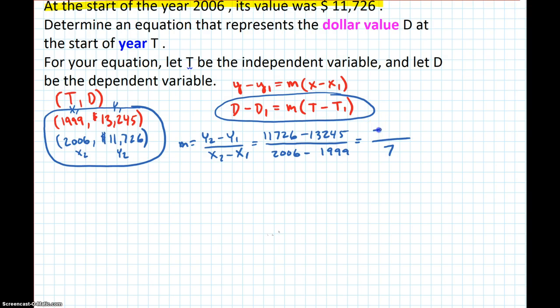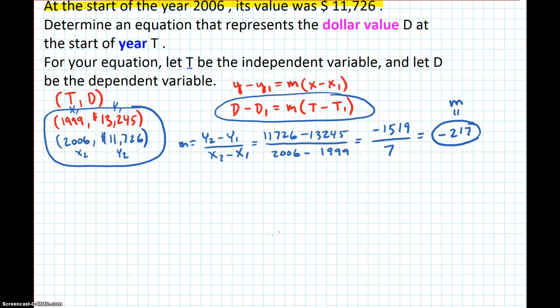When I subtract, I get negative 1,519. When I divide 1,519 by 7, I get negative 217. So that is my m. That's my slope.